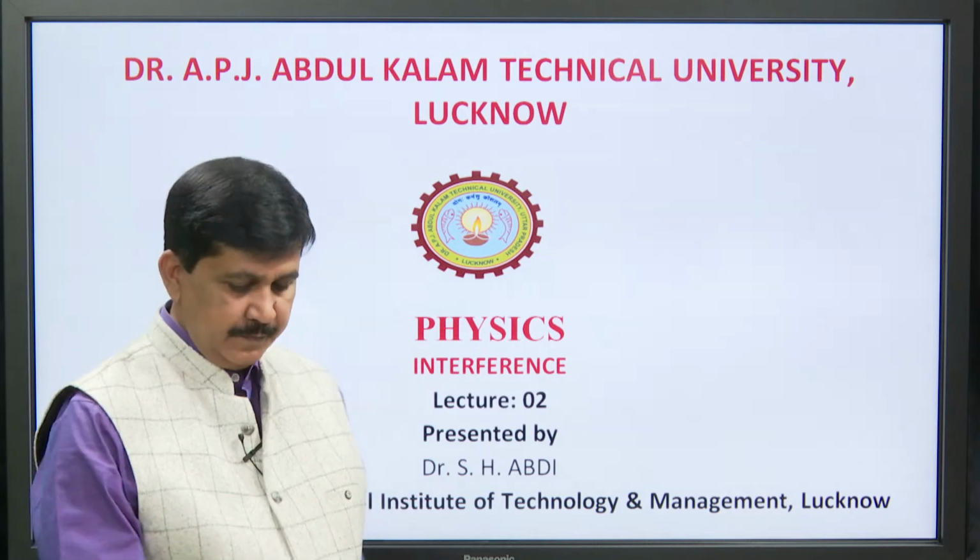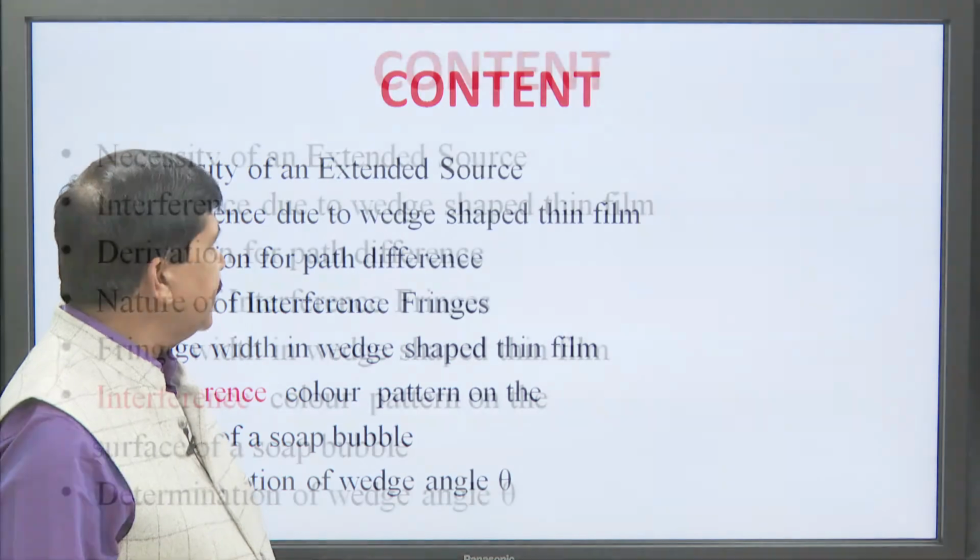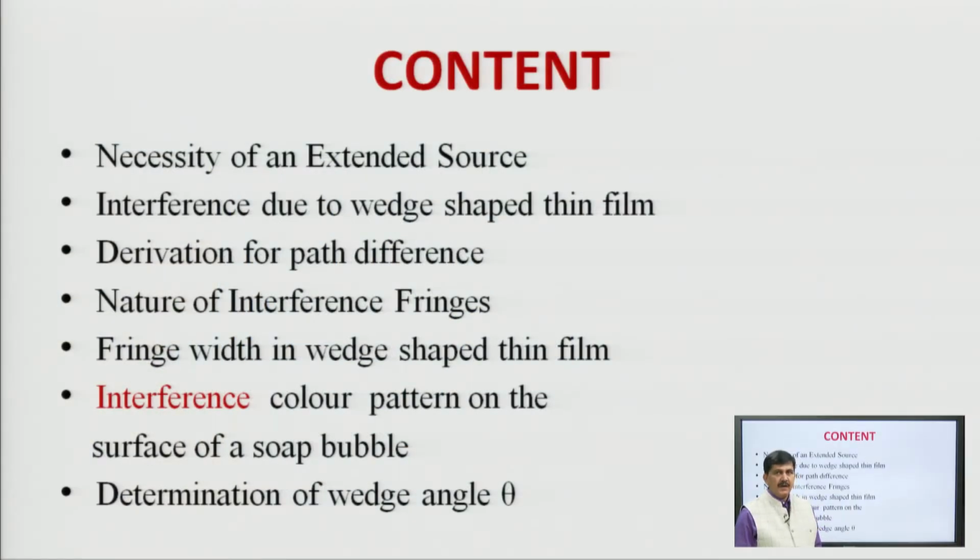In the following lecture, I will discuss the necessity of an extended source in thin film interference, interference due to wedge shaped thin film, meaning film of variable thickness, derivation for path difference between interfering rays, nature of interference fringes in wedge shaped film, fringe width in wedge shaped thin film, interference color pattern on the surface of the soap bubble, and determination of the wedge angle theta enclosed between two plane surfaces.